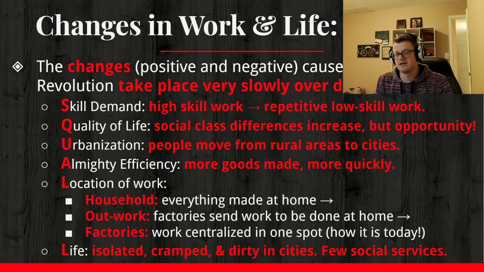But I do want to end with talking about how life is in the Industrial Revolution. Life in the Industrial Revolution is hard, really hard. It's very isolating. It's very cramped because housing is teensy tiny, and it's also incredibly dirty.